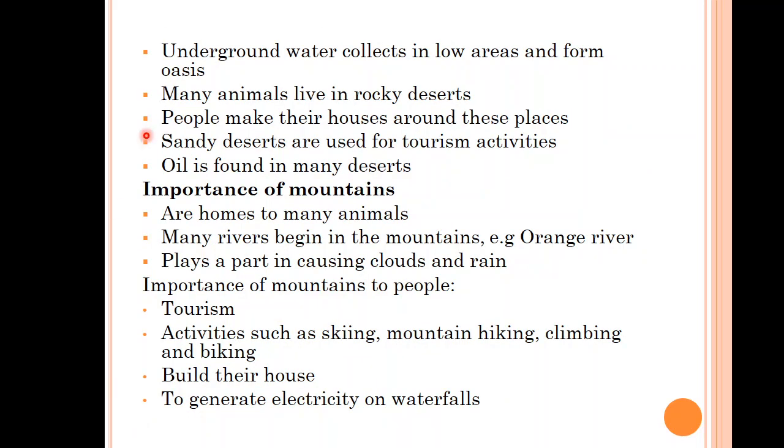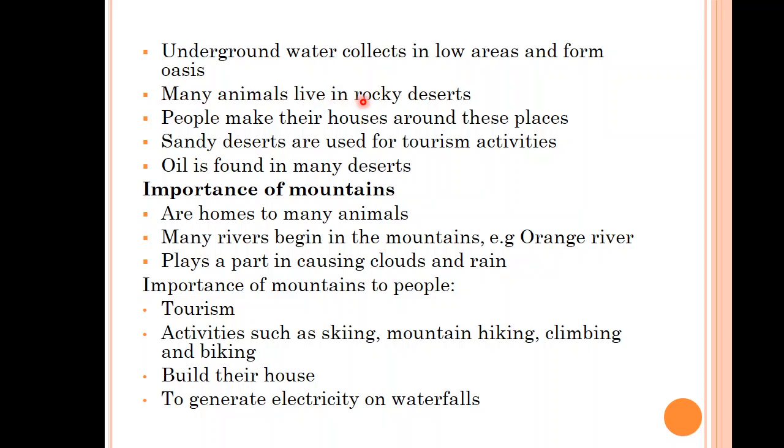In the desert, there's underground water, and this collects in low areas and forms oases. If you have seen a water bottle written oasis, that water comes from underground water in the deserts. And also, deserts are home to many animals.